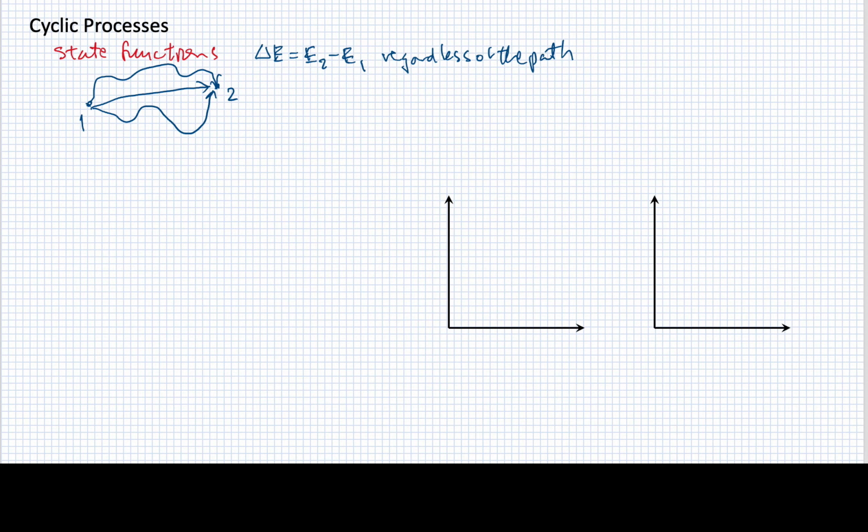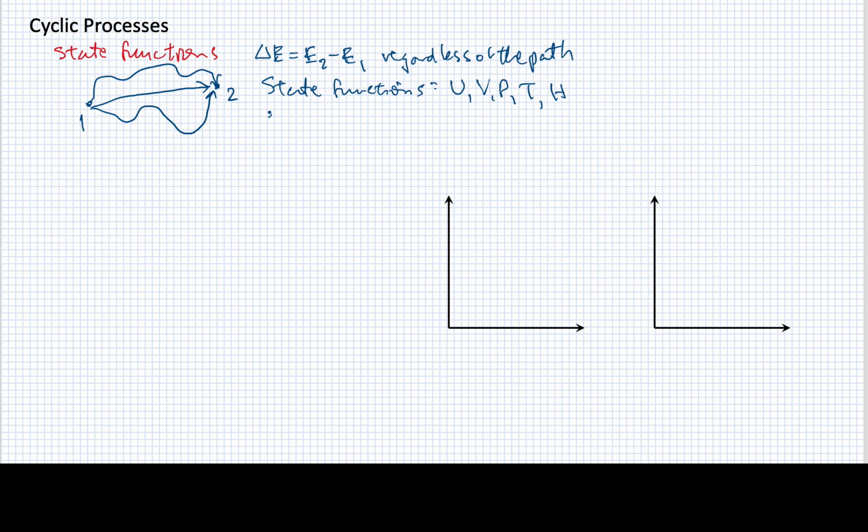Now, it's useful to know that state functions include many of the entities that we've talked about. They include things like the internal energy, volume, pressure, temperature, enthalpy. All of these would have this quality of not having to depend upon the path to get from one thing to another.